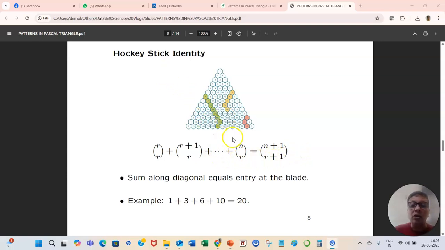And this is the hockey stick identity, and you can start from anywhere on the diagonal, go down a bit and then stop. Then the sum of these numbers is the number on the blade.